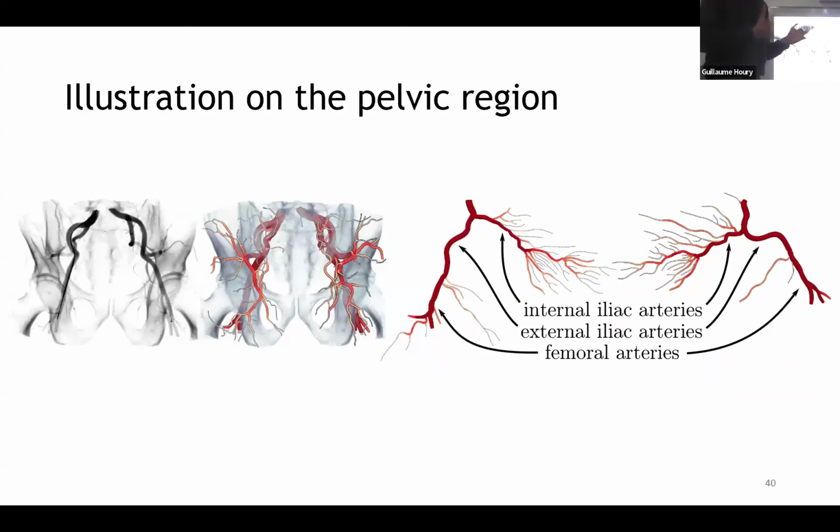And similarly for the pelvic region, where we get something that really helps to visualize the whole structure of the vascular system there.